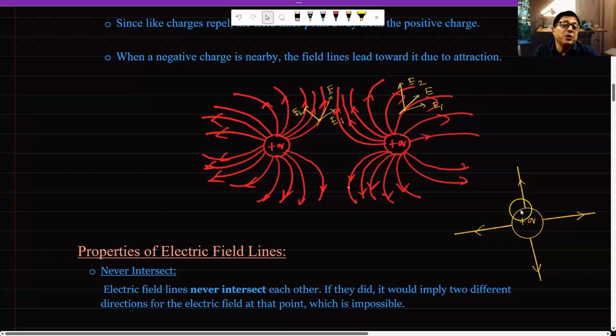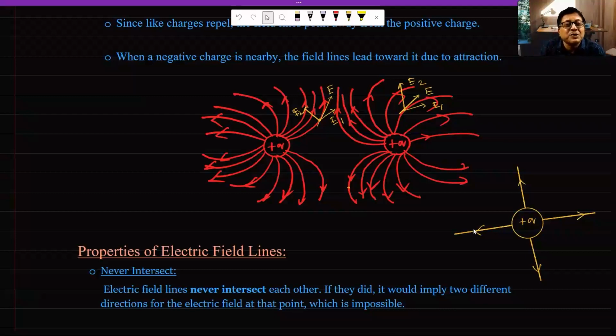Now we are going to draw one very important conclusion: when an electric field line is curved, the tangential direction is the direction of motion of the charge. So if some author, some books you have read, say that electric lines of forces are drawn in such a way that the tangent drawn to the field line at a point gives the direction of electric field there, then that will be appropriate.